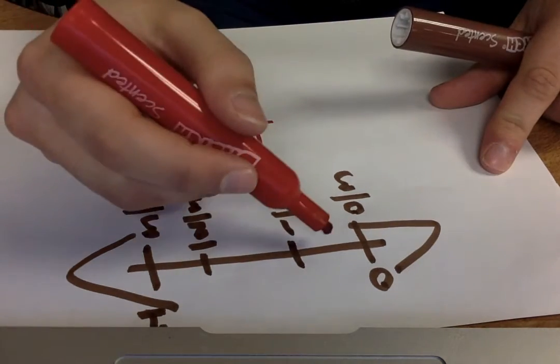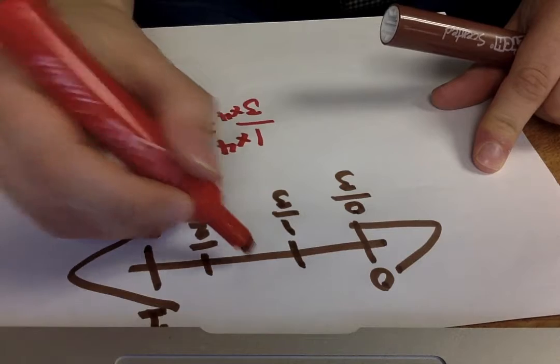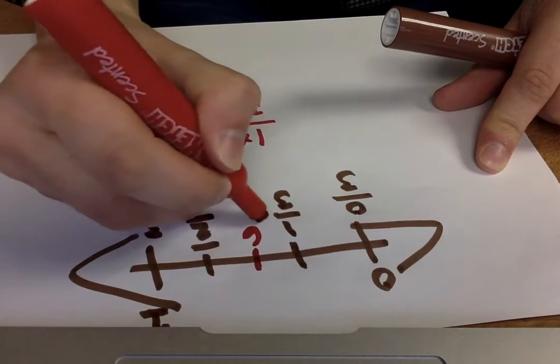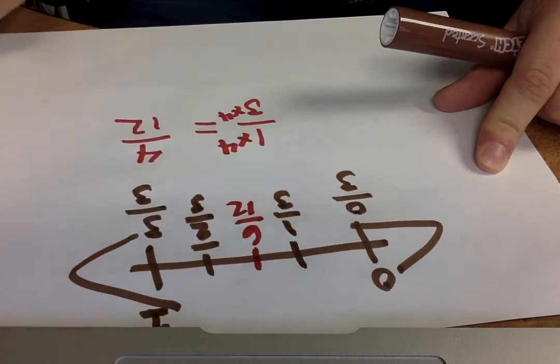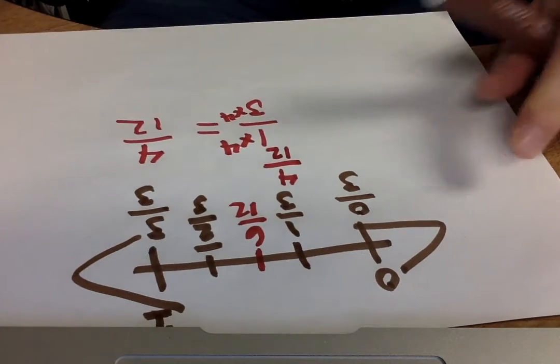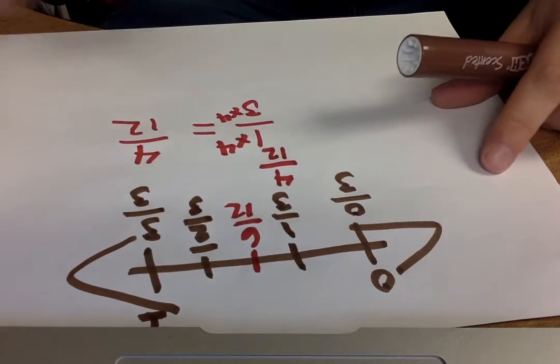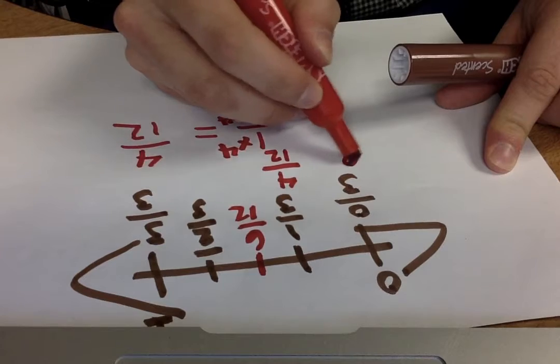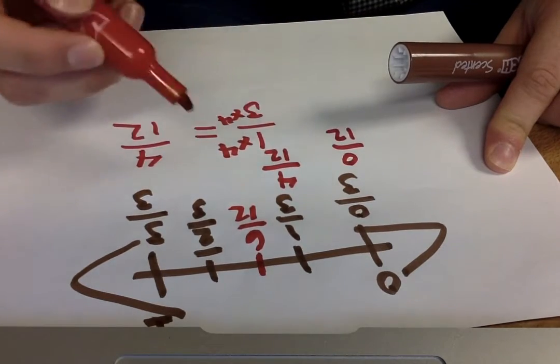So to show this on the number line, I know I can start in the middle. 6 is half of 12, so I can place 6/12 right here. 4/12 is the same as 1/3, and I can fit some tick marks. I know I'm going to have 0/12 under 0/3.